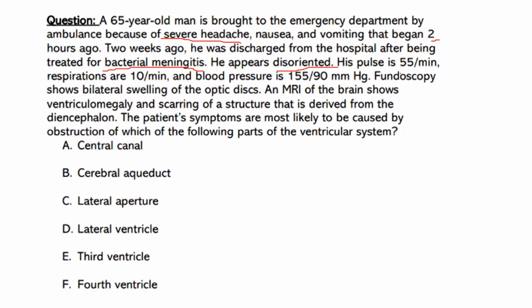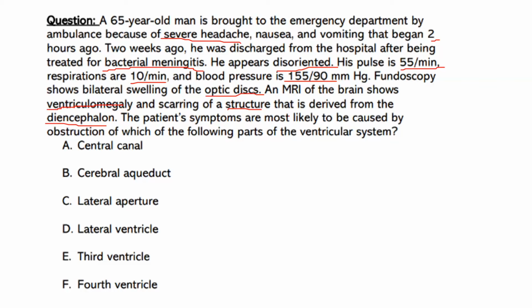All right, his pulse is 55 beats per minute, his respirations are 10 per minute, and his blood pressure is 155. So he has a high blood pressure, low pulse, and low respirations. Funduscopy shows bilateral swelling of the optic discs. An MRI of the brain shows ventriculomegaly and scarring of a structure that is derived from the diencephalon.